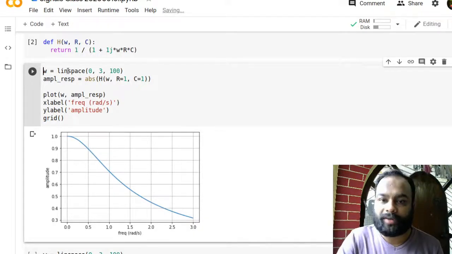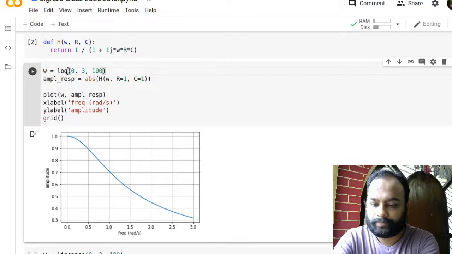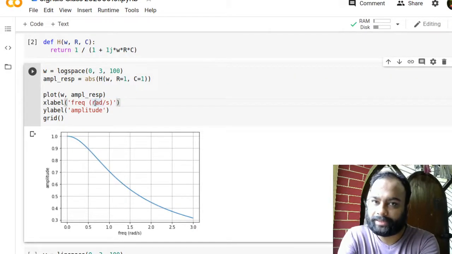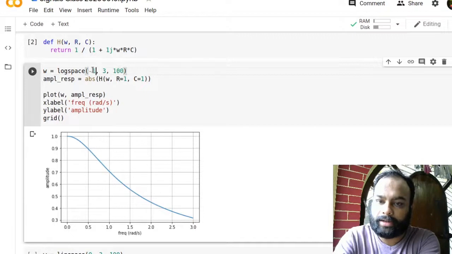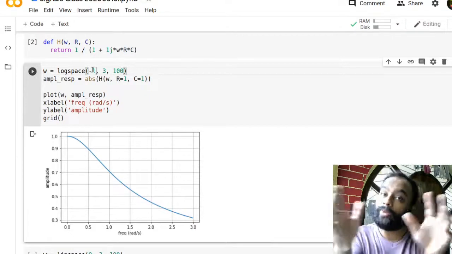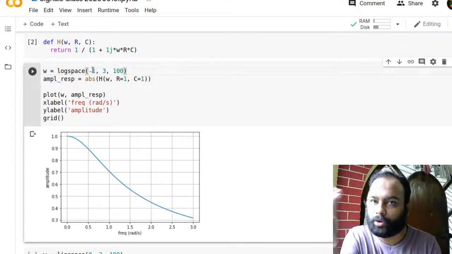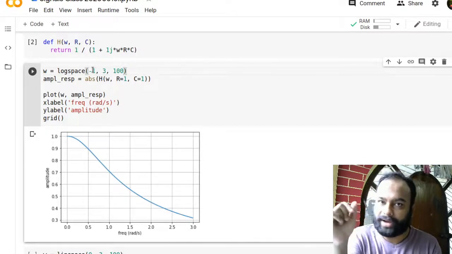So instead of lin space, now this is going to be log space. Log space is logarithmic space. Say I'm trying to check from -1, so -1 in terms of logarithm. The frequency is going to be the corresponding logarithm of that, so -1 means 0.1, that is 10 to the power -1.